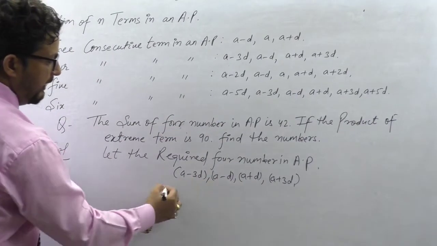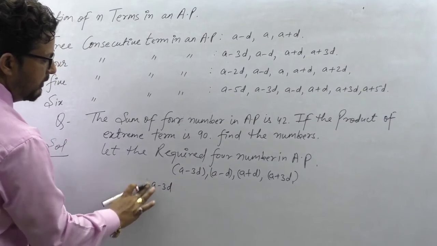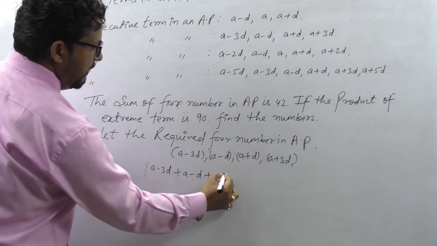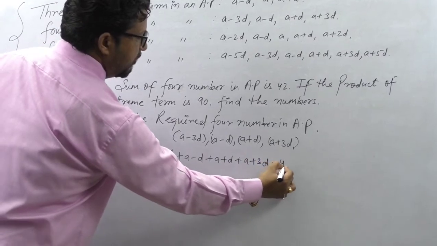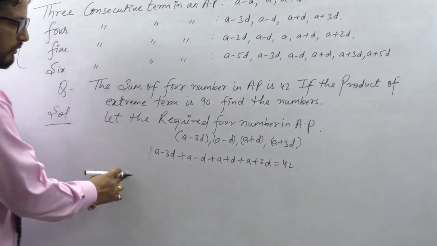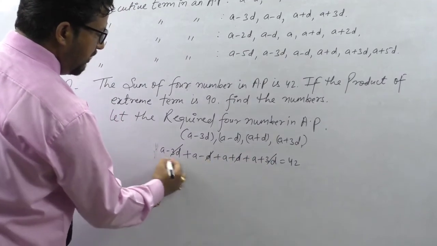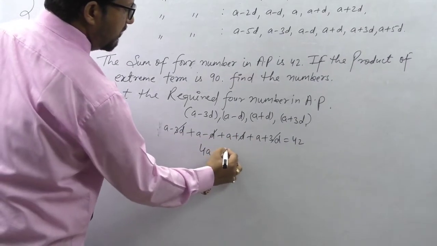If we add a minus 3d, plus a minus d, plus a plus d, and a plus 3d, the sum is given as 42. Here 3d will cancel out and d will cancel out, and we get 4a equal to 42.